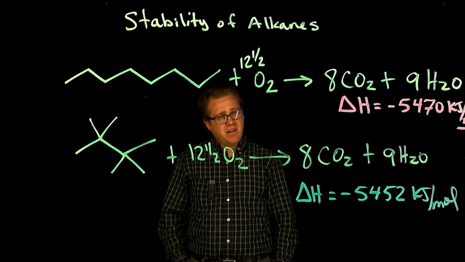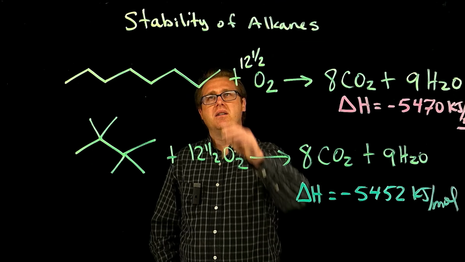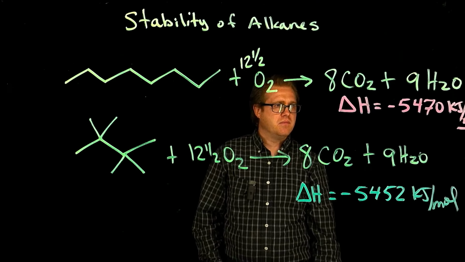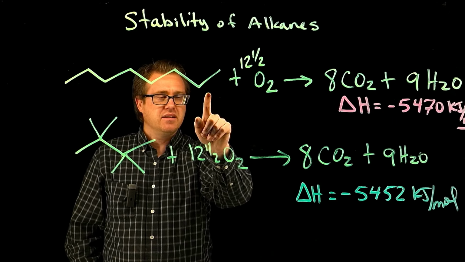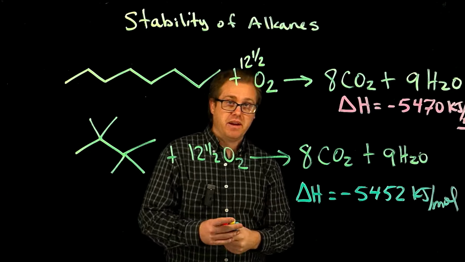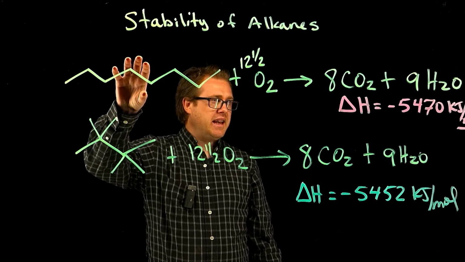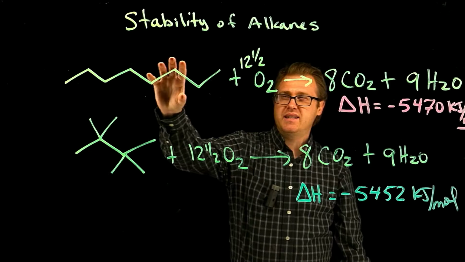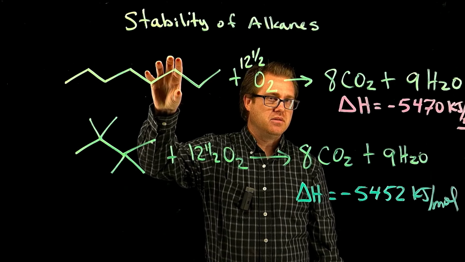So what this is telling us is the stability of the alkane, because this is releasing more heat when it combusts. And when we burn something, we call it combustion. So when this combusts, it gives off more heat. And the only reason why this gives off more heat is because it's more unstable.